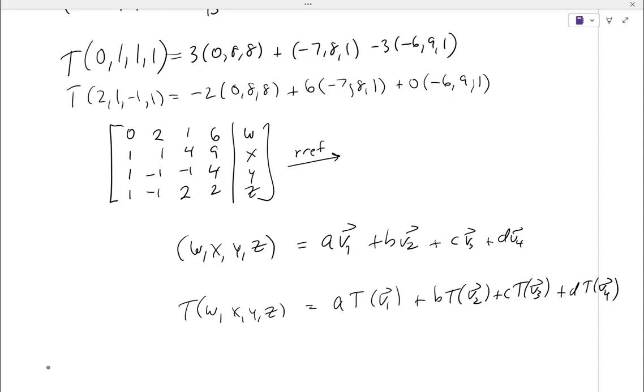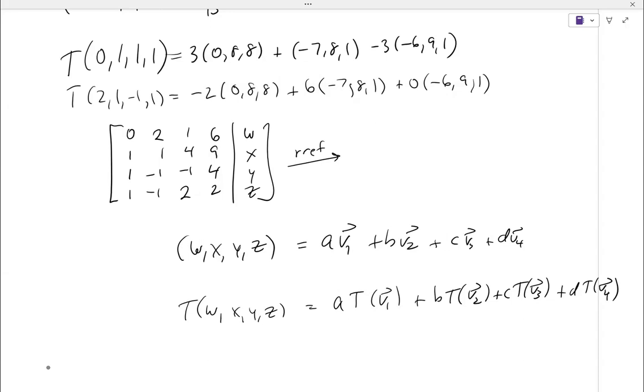That's the whole point of having, that's the main characteristic of being a linear transformation, is literally to be able to do that, right? If I have those four outputs, now I can get the outputs for my V1, my V2, my V3, my V4 by doing this part, and then simplify, and that'll give you your rule. It'll be in terms of W, X, Y, and Z.